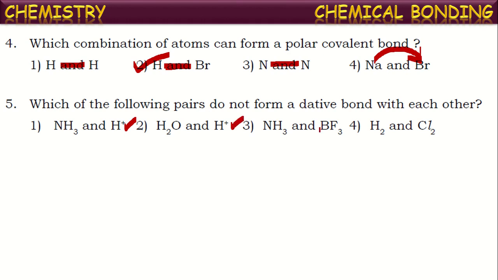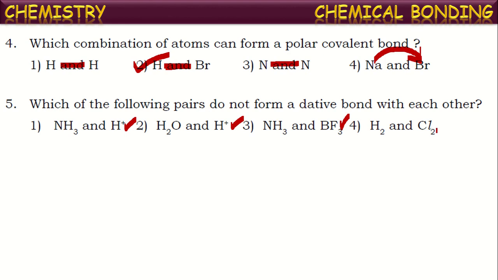And in the case of NH3 and BF3, in NH3, the central atom nitrogen has one lone pair of electrons on it, whereas in BF3, the central atom boron has a vacant orbital still to get an octet. So these two also form a dative bond.